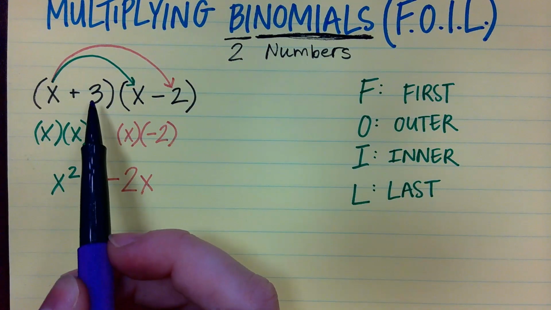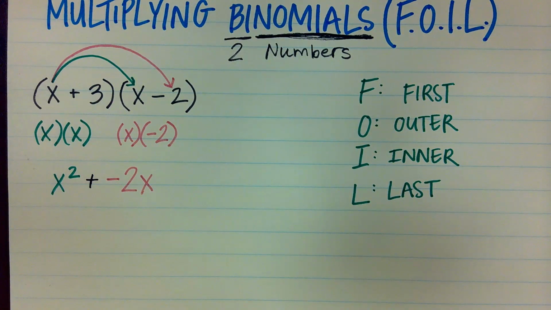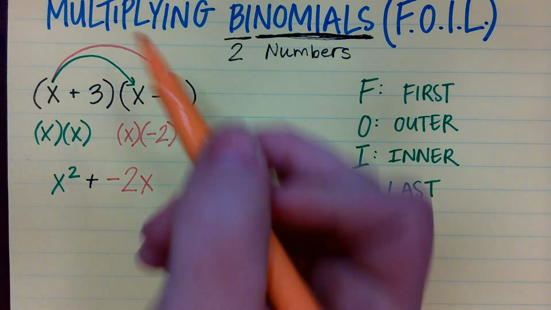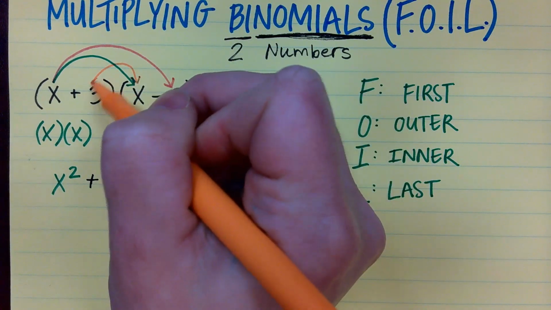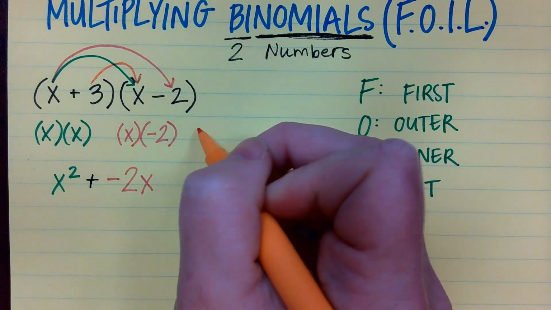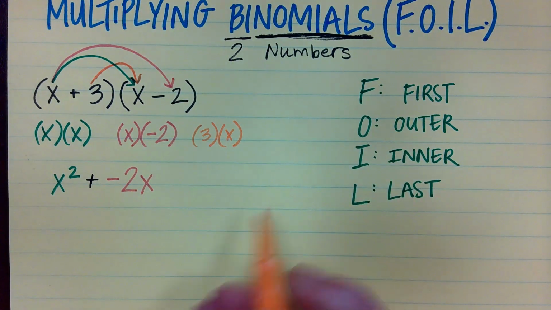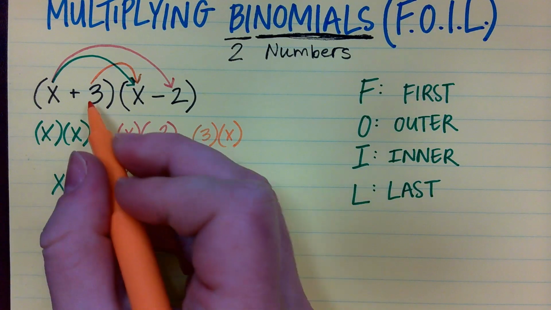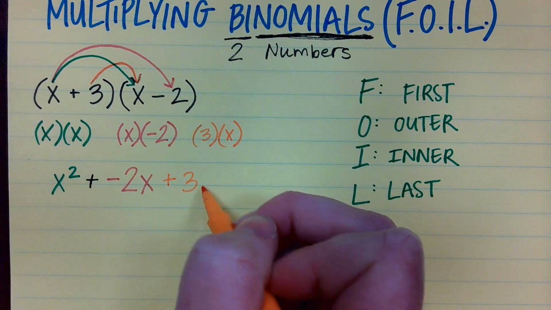So I want to mess with my two inner terms here. The terms on the inside. Let me get another color. So I'm going to do 3 times x. And what is 3 times x? 3x, just 3x. So plus 3x.